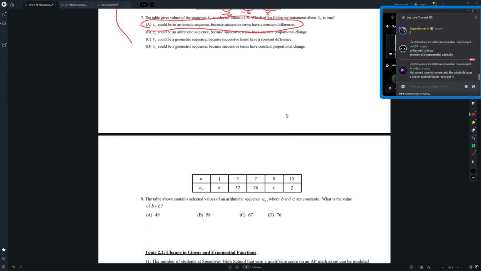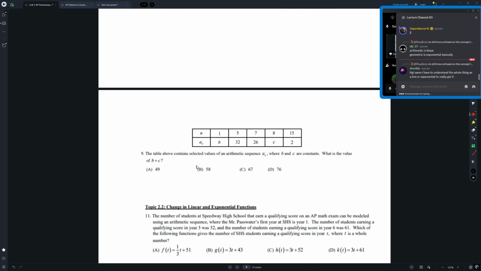So now we'll move on to number 9. It's an arithmetic sequence where B and C are constants.